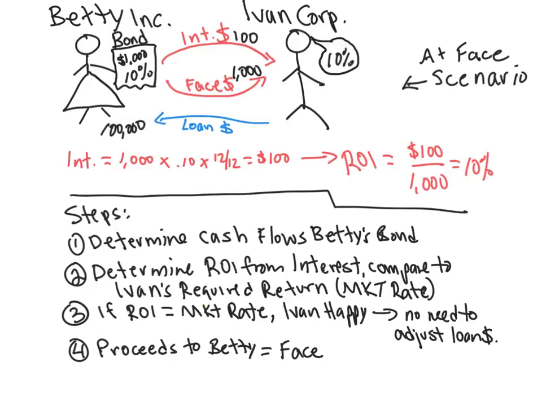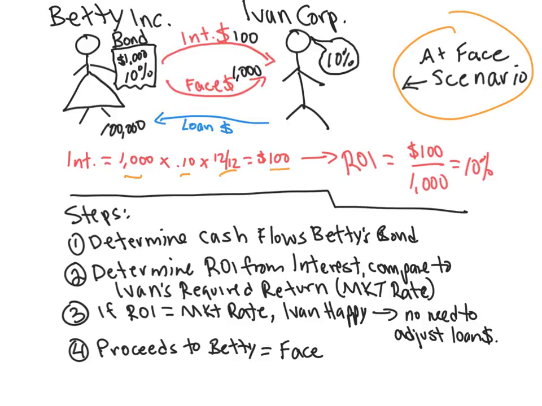Now let's look specifically at the case for at face. Notice again that for this specific bond, the principal is $1,000. The interest rate for the year is 10%. We're looking at the full year, so it will be 12 over 12. The interest for these bonds is $100.